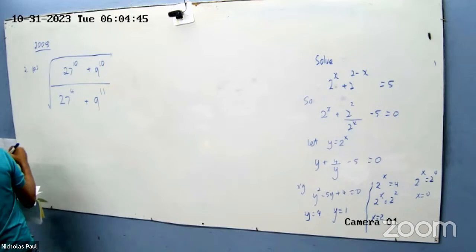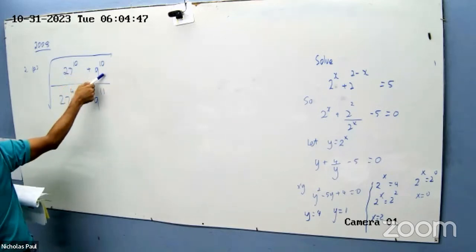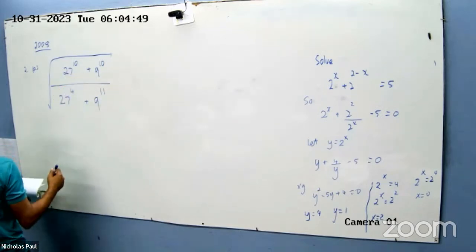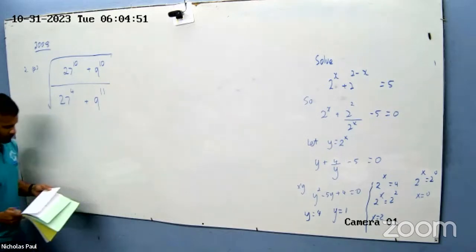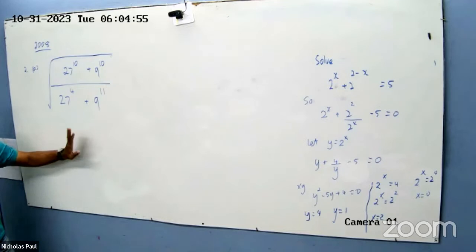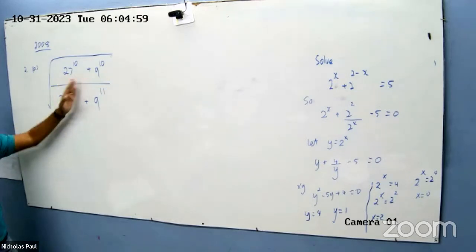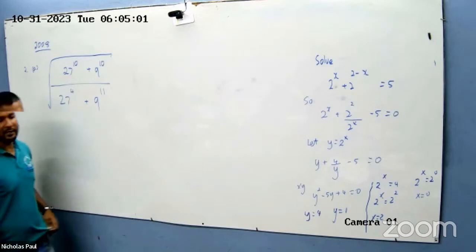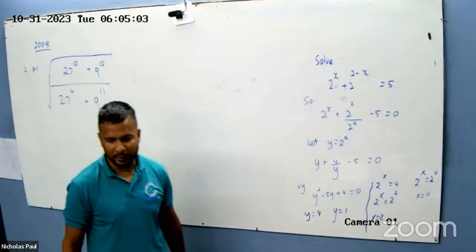That's a 10, that's a 10, that's 4 and 11. Without a calculator, see if you can work this out. The hint is to make sure you can factorize properly.